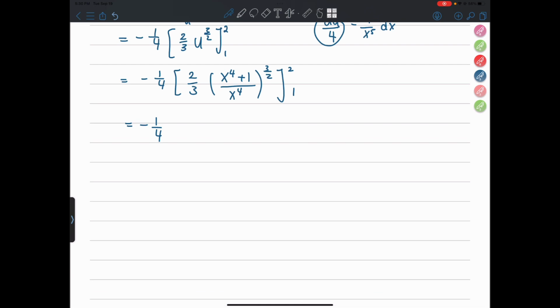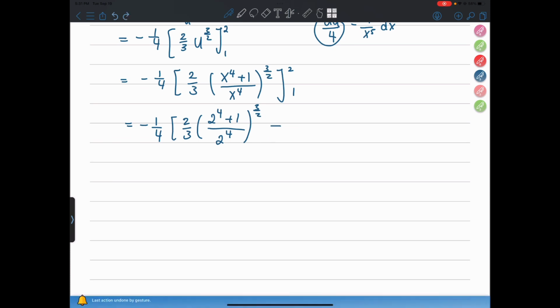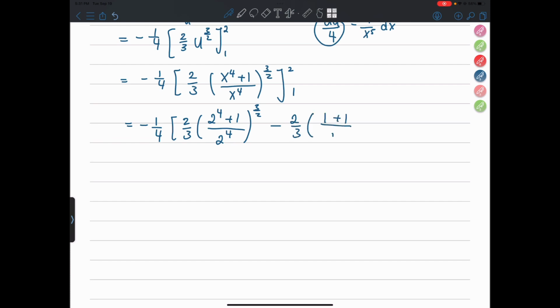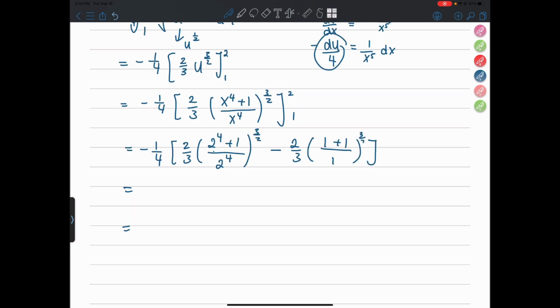So let's do this process. 2 over 3, we're substituting 2 in, so 2 to the 4 plus 1 over 2 to the 4, and then we are minus 2 over 3, do it one more time, plus 1 over 1, and bracket. Oops, and then don't forget the 3 over 2 up there, so let's distribute.